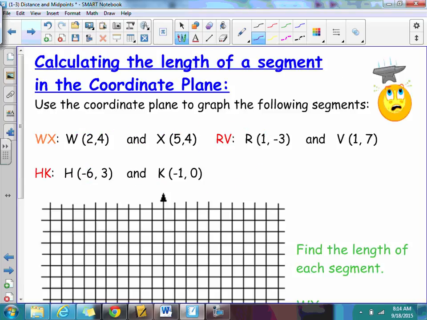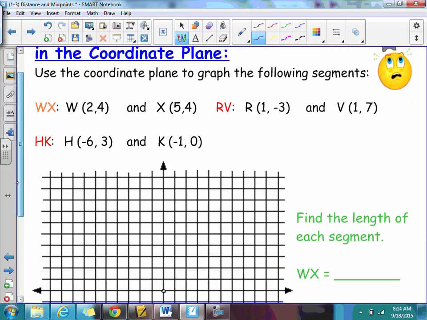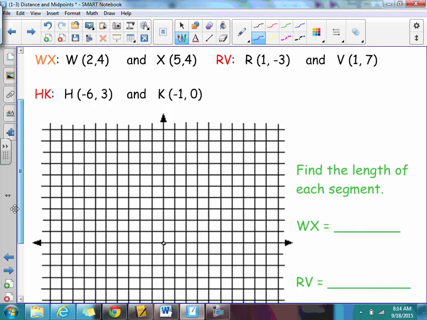But think about in algebra, you didn't always just get one coordinate, right? You moved on to the coordinate plane, where you get an x coordinate and a y coordinate. So what happens if my points have an x coordinate and a y coordinate? That changes things up a little bit. So let's see what we can do here. We're going to graph these segments. W is 2, 4.